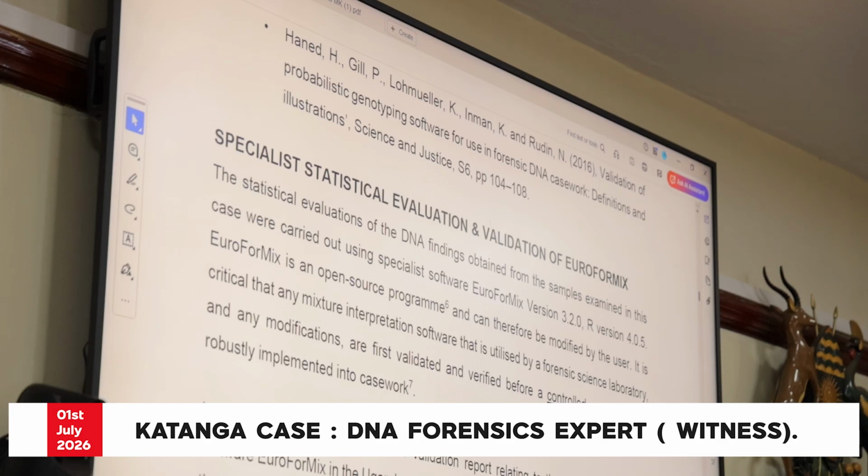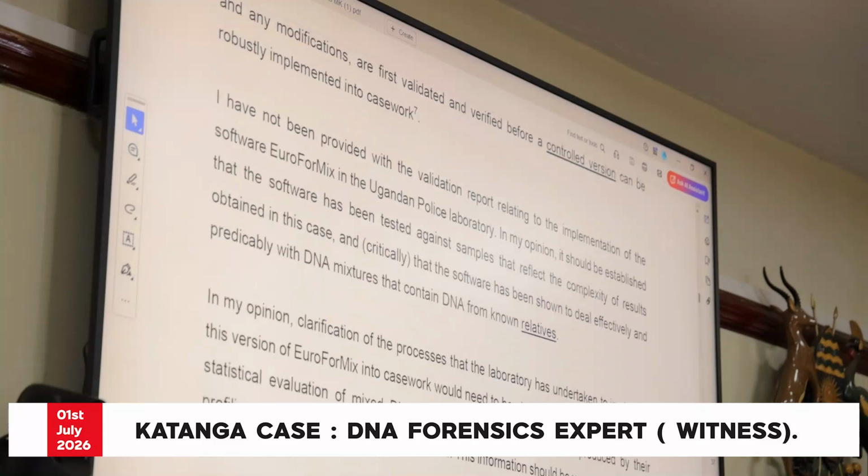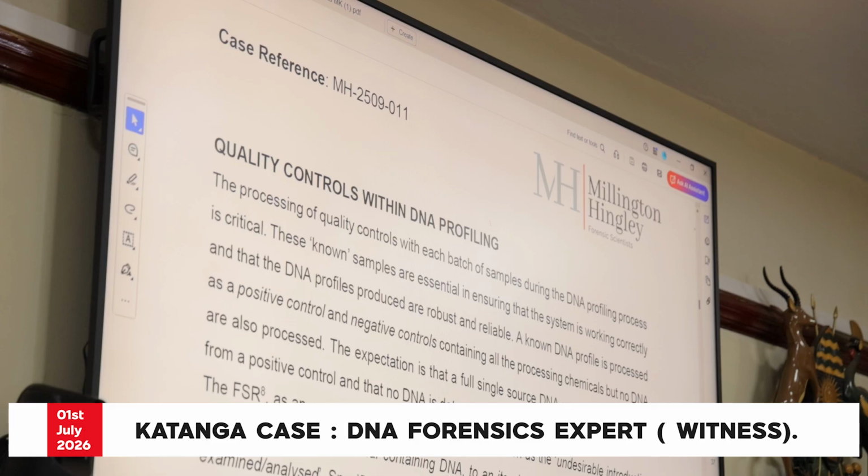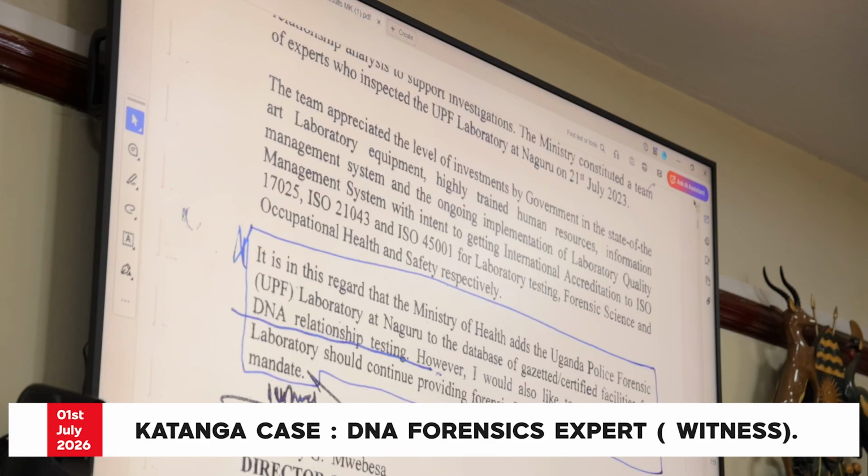Okay. From those documents, I'm able to determine that batch sampling was in place. So they processed batches of samples together. Can you, from the electropherograms, briefly show my lord how you can do that? Yes.